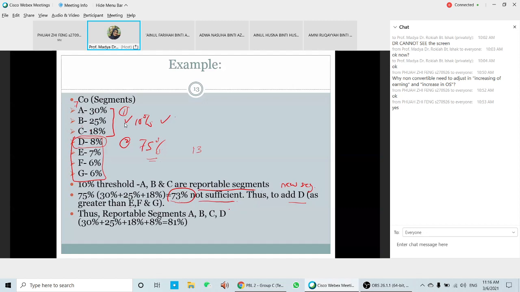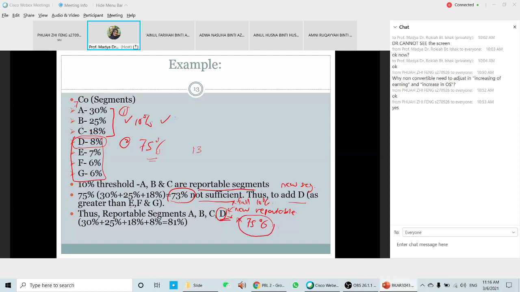Why do we need to add D here? Because we don't fulfill the 75%. That's why we need to add D, even though D does not fulfill the 10% test. We still need to add D because we need to fulfill the 75% criteria.